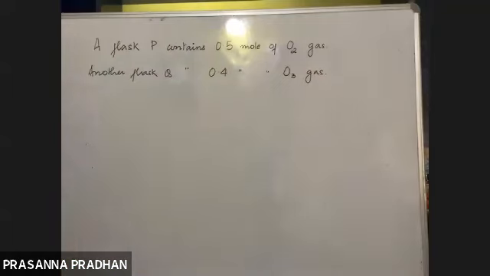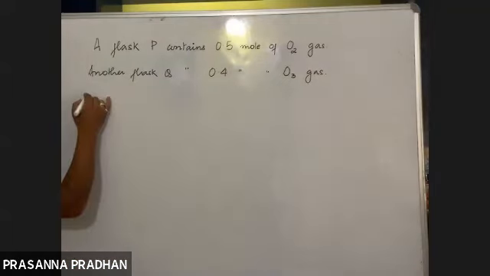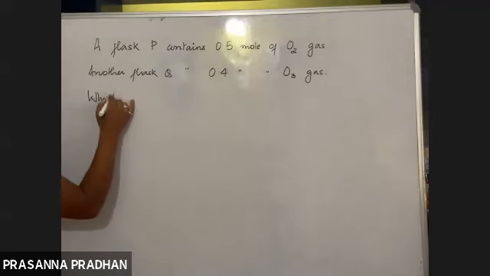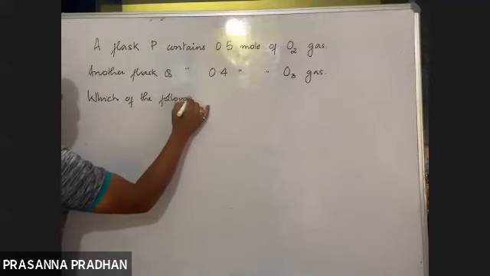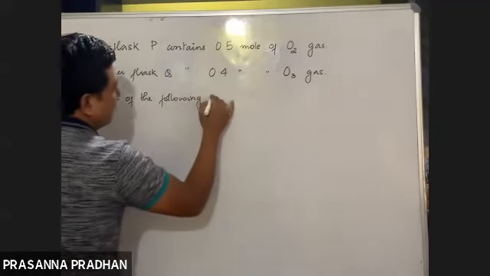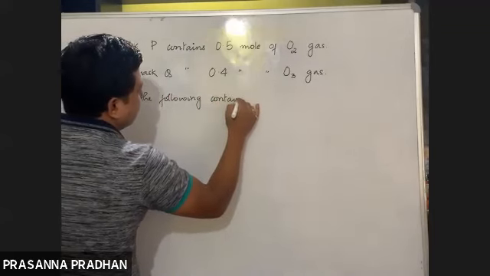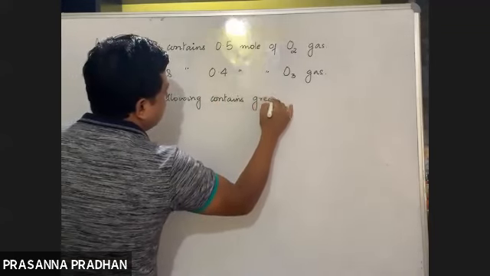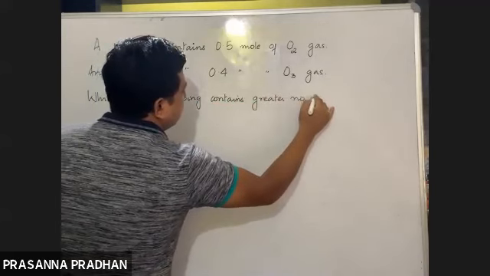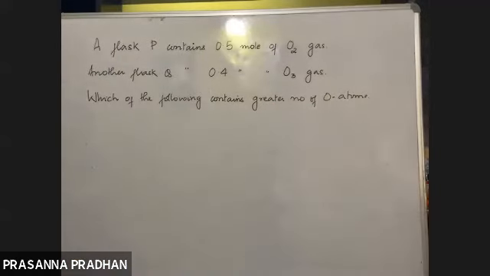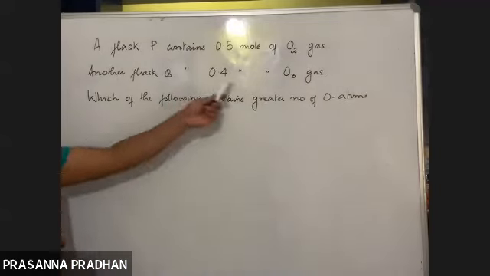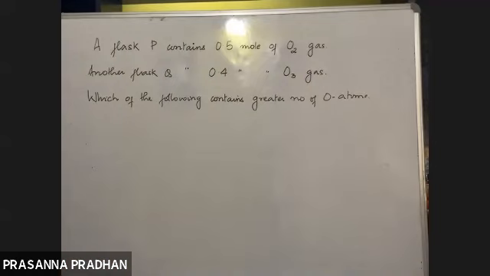Which of the following contains greater number of oxygen atoms? So please understand the question. There are two flasks containing 0.5 mole of O2 and 0.4 mole of O3. The question states, which of the following contains greater number of oxygen atoms?